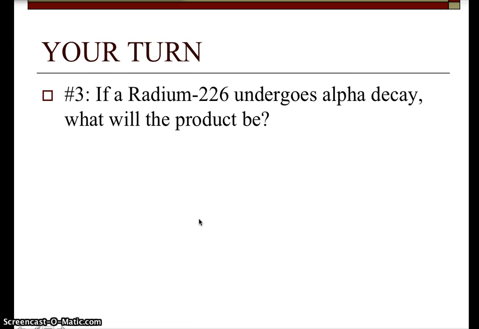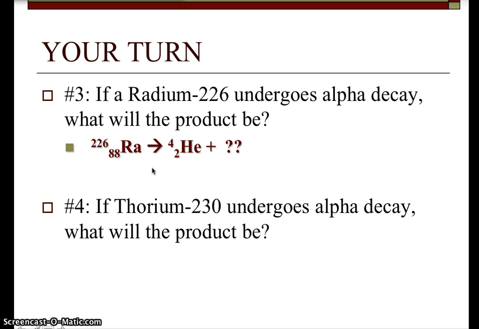So now take a moment to see if you can write a nuclear equation to figure out, if I start off with radium-226, what am I going to end up with? So if I take my radium-226, I have to look up that its atomic number was 88. My alpha particle is this thing right here, so I know that has to come off.